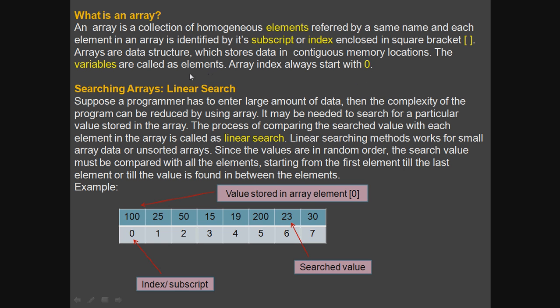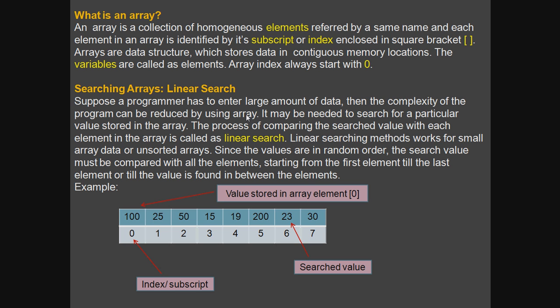Now we'll discuss what is searching arrays or linear search. Today we'll discuss linear search and linear sort. Suppose a programmer has to enter a large amount of data, then the complexity of the program can be reduced by using an array. That is what I showed you in the first video, where you enter the marks or roll numbers of 5 students.